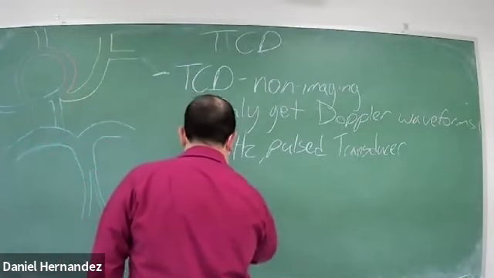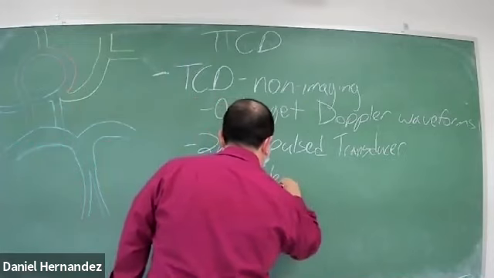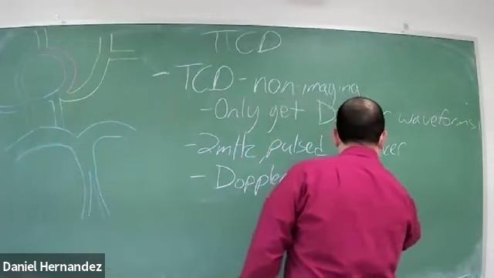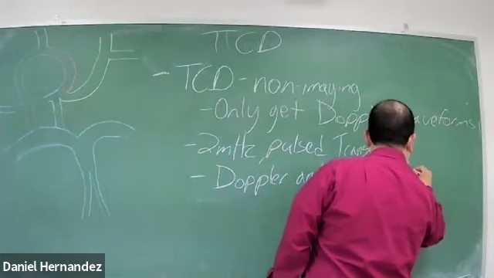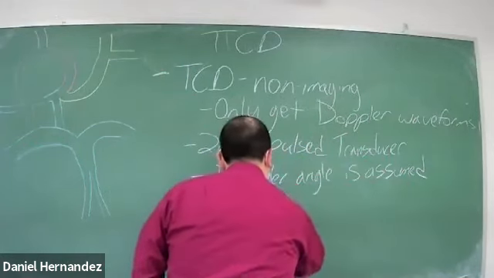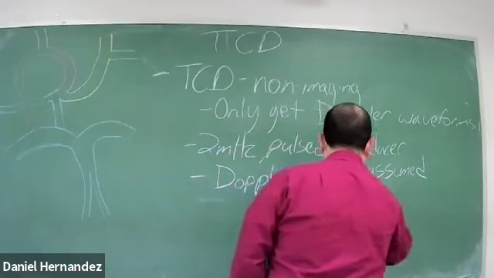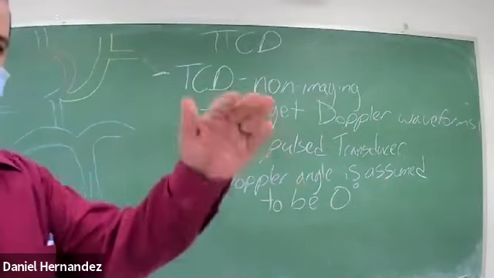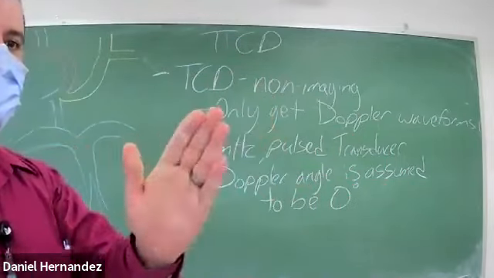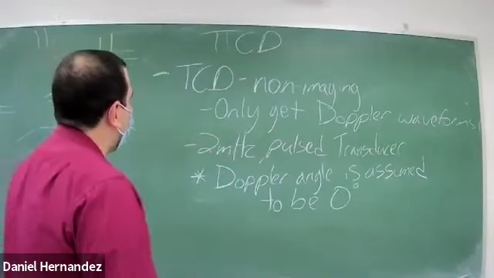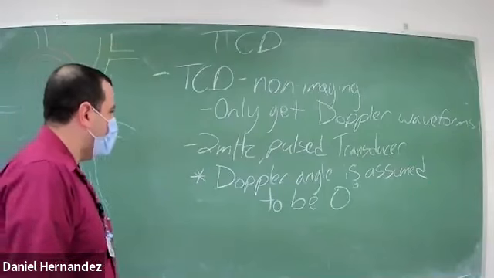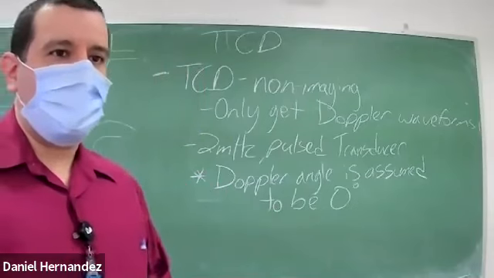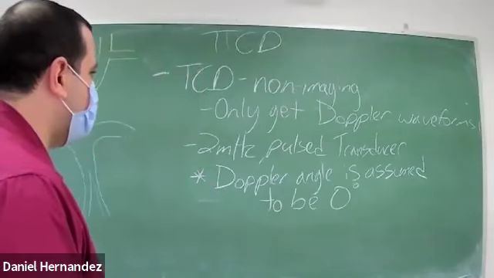The important thing to remember is that the Doppler angle is assumed to be 0 degrees. We don't have the ability to angle toward the vessel because we really can't see the vessel. So with traditional transcranial Doppler, we just assume that our Doppler angle is 0, and all our velocity measurements are calculated using that assumption.